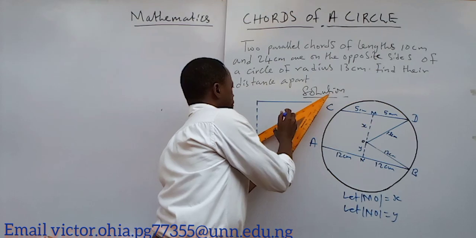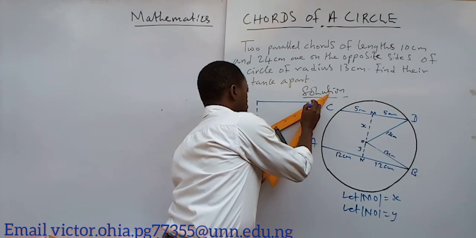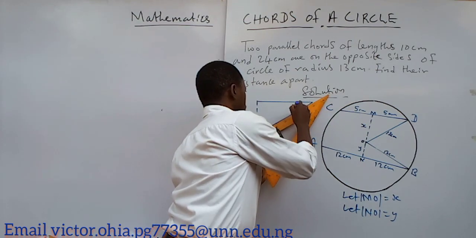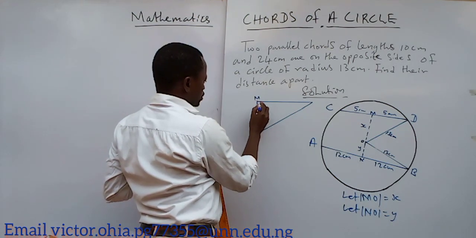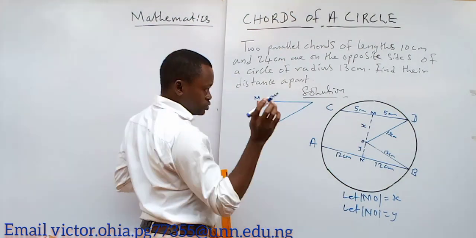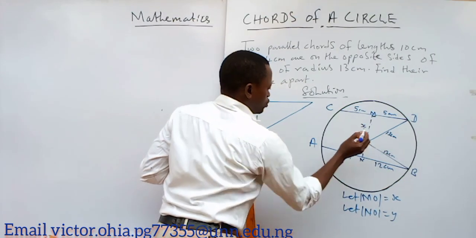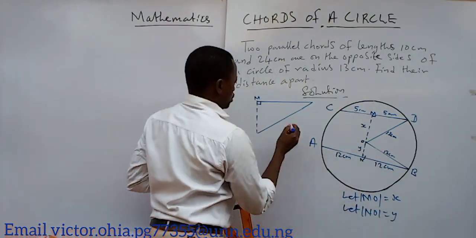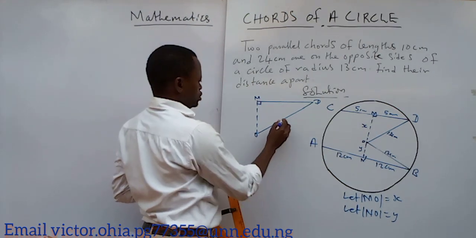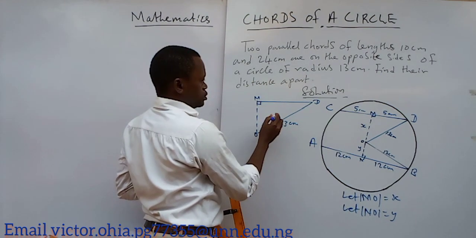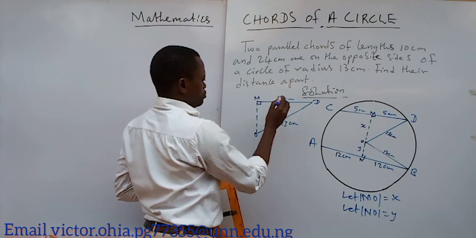So this is my M, and this is a right angle, according to that theorem I explained to us. So here is D, and here is O. This is 13 cm. This is 5 cm.